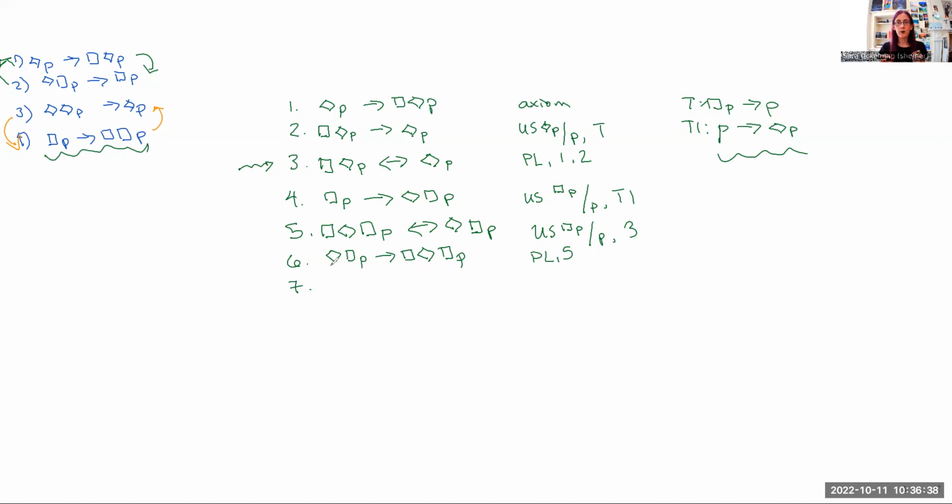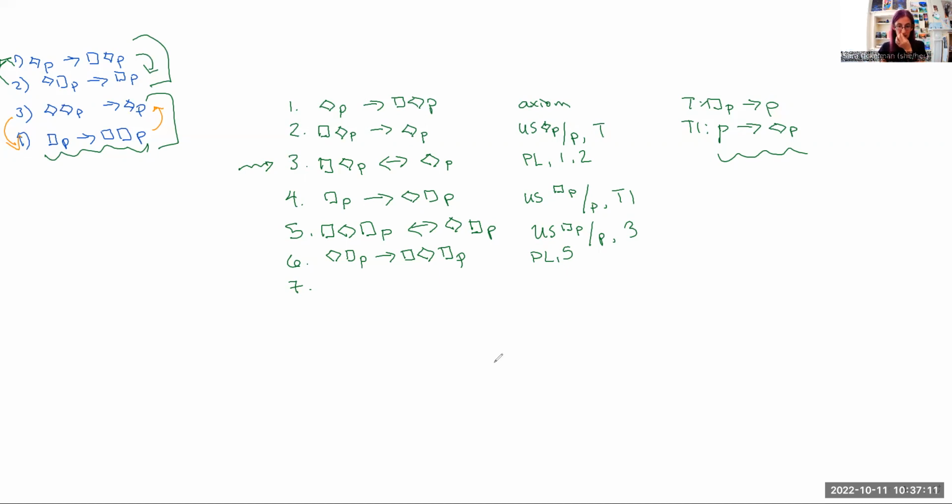But the fact that we have various equivalences means that we can also reduce things. So note number 3: exactly the same trick that we did essentially to show the equivalences of these two formulas and these two formulas, we can do to get another version of 3. Uniform substitution, putting in not P for P, doing some modal interchange.